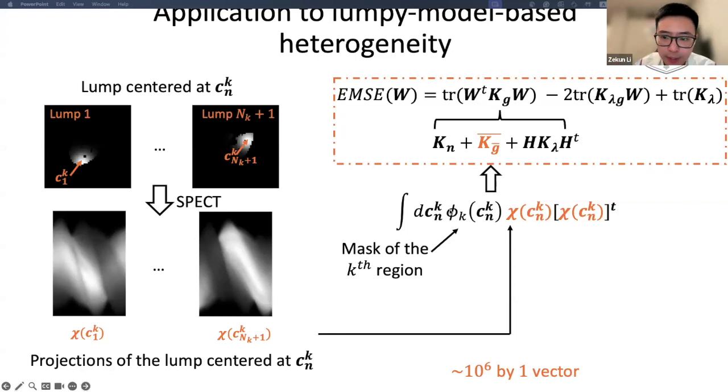For each individual c_nk, the projections are relatively easy to obtain. However, it is unfortunately computationally very challenging to compute this integration directly due to the high dimensionality of the chi here and the accumulated complexity in computing the integration. Next, I will show the two approaches we took to address this problem.